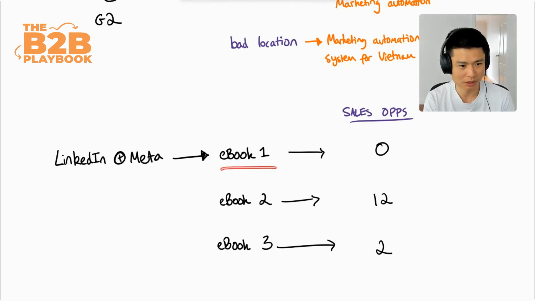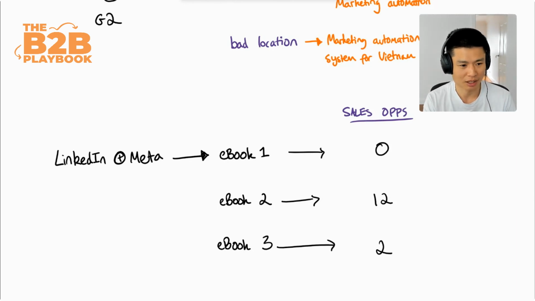So that could be ebook one. Maybe we can cut that. Maybe we can cut the amount of resource that we put into doing that particular ebook and promoting it, whether it's on LinkedIn or Meta. Maybe we just don't do that activity and we try something else with that budget, because it's not actually giving any upside and it's actually probably slowing down your sales team in that particular case.